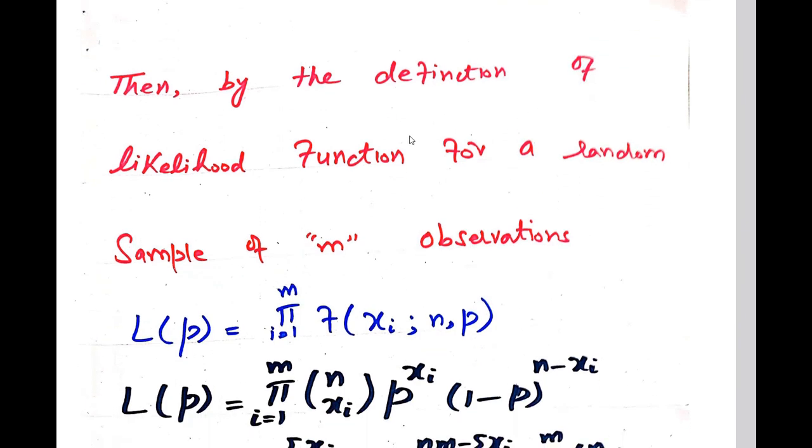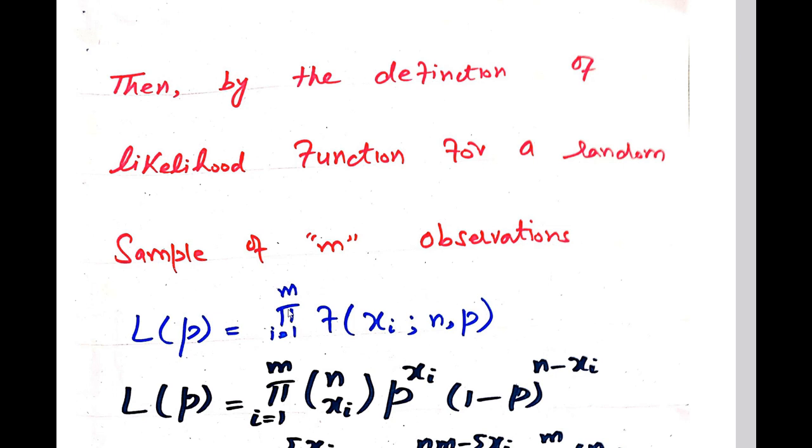Then, by the definition of the likelihood function for a random sample of m observations, L(p), where L represents the likelihood function, is the abbreviation of likelihood. p is the parameter, and it is equal to the product, pi. The pi sign is used for multiplication.